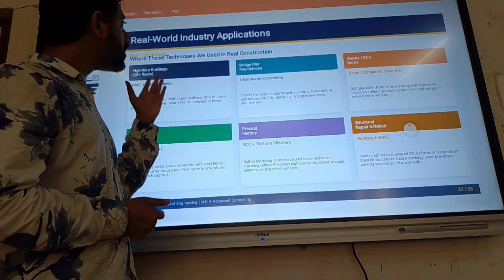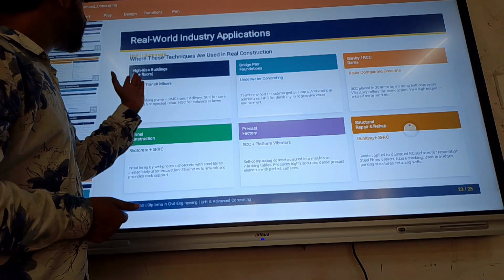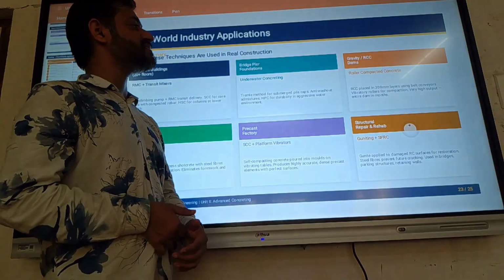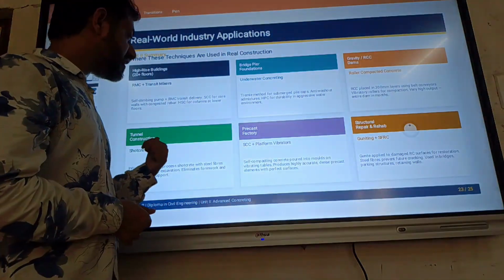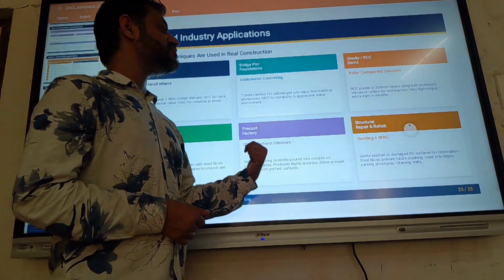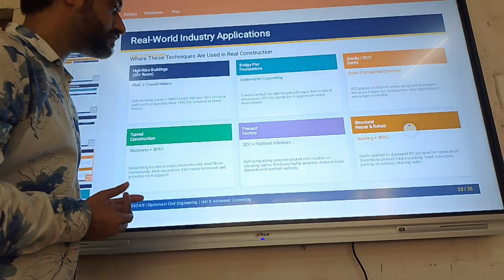And these are the real world industry applications, okay: high-rise buildings, bridge pier foundations, gravity or RCC dams, tunnel construction, one of the most important constructions, precast factories and structural repair and rehabilitation.